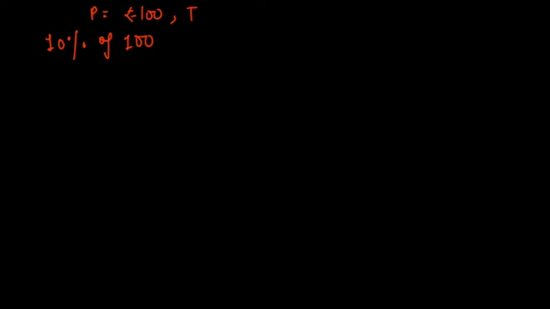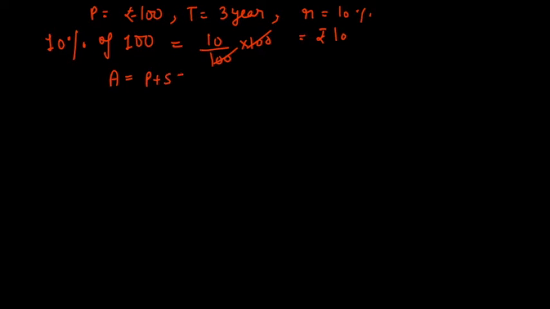Time was 3 years and rate was 10%, right? So 10% of 100 means 10 upon 100 into 100, rupees 10, right? So rupees 10 means amount will be principal plus SI, 100 plus 10, it means rupees 110.